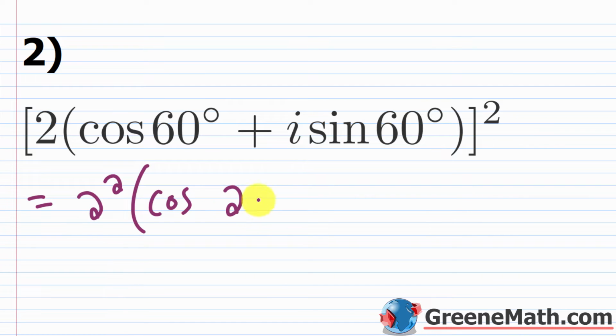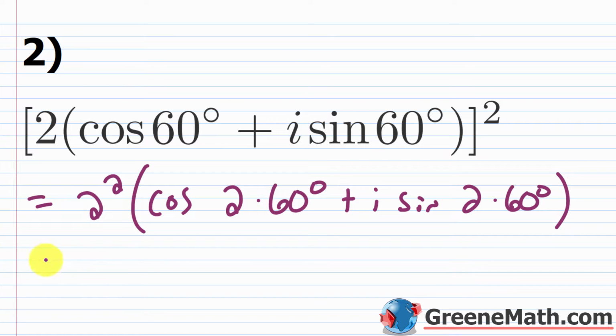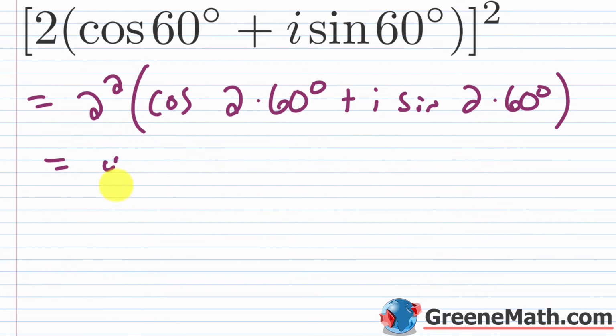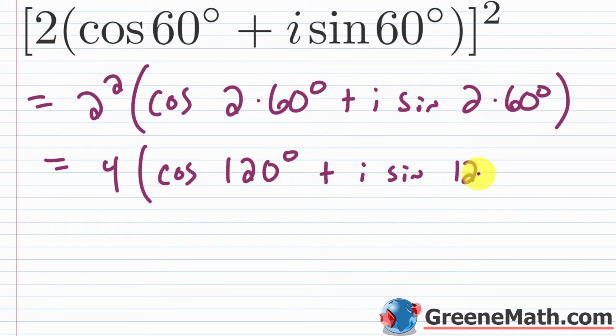So this would be 2 times 60 degrees plus I times the sine of, again, it's going to be 2 times 60 degrees. Let me close that down. So this would be equal to 2 squared we know is 4, and then times the quantity, the cosine of 2 times 60 degrees is 120 degrees. So let's put 120 degrees here, and then plus I times the sine of, again, this would be 120 degrees.